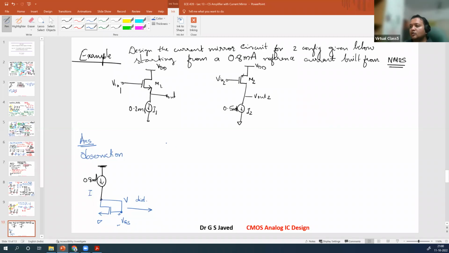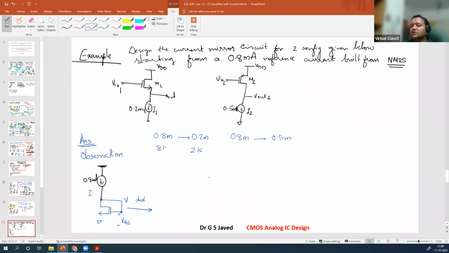First, from 0.8 milliampere, you need 0.2 milliampere, and you need 0.8 milliampere to 0.5 milliampere. So what does this mean? To make life simple, we will make this 2 times K, K having a unit reference.